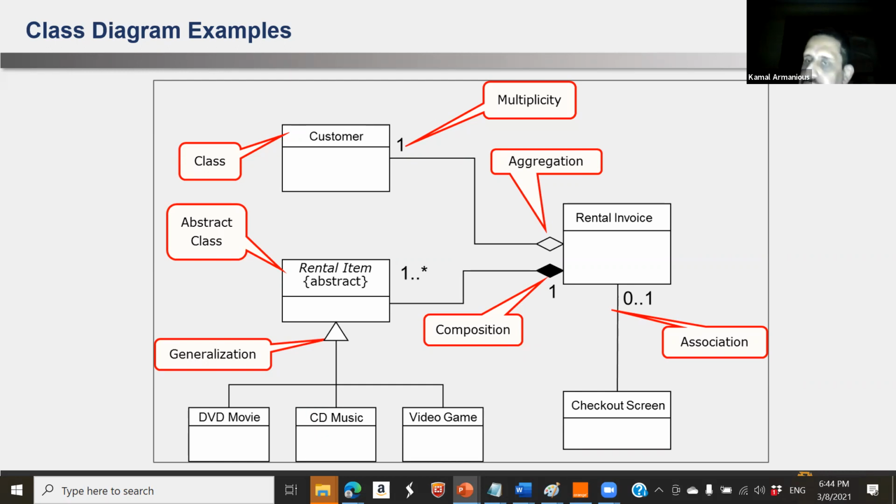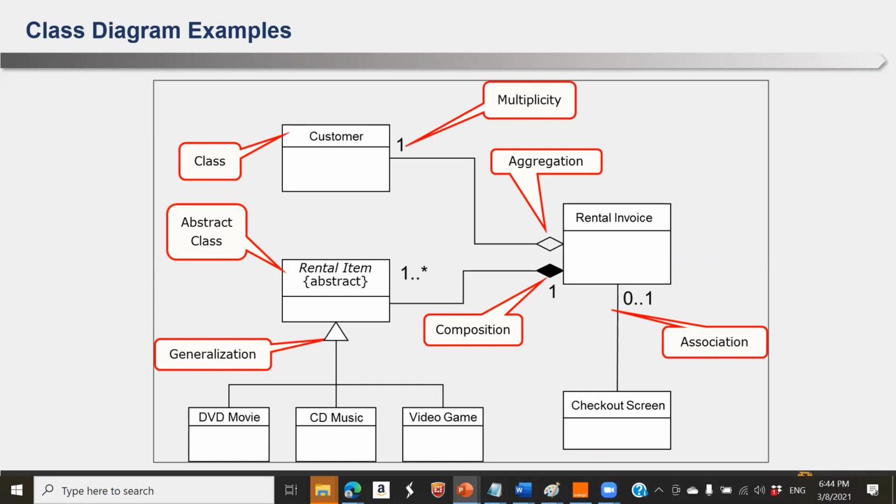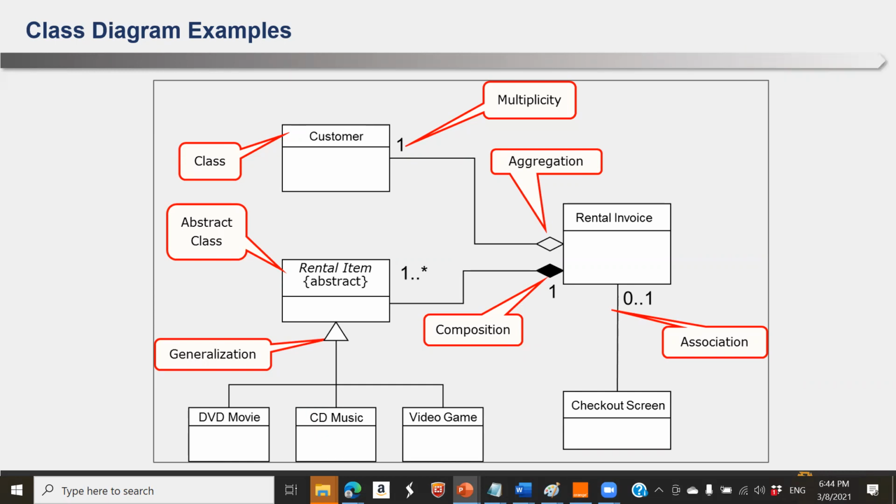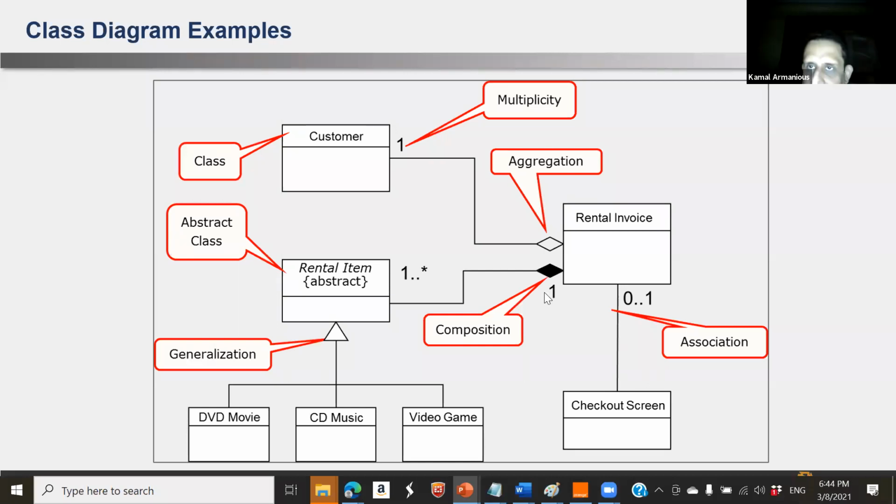That's fine. This is a good argument. So it can be a composition. Yes. That's right, Adham. Once again, design is about arguing. There's no right or wrong. There's something that makes sense and some other things that don't make sense, depending maybe on the use case. Yeah, depends on the use case.